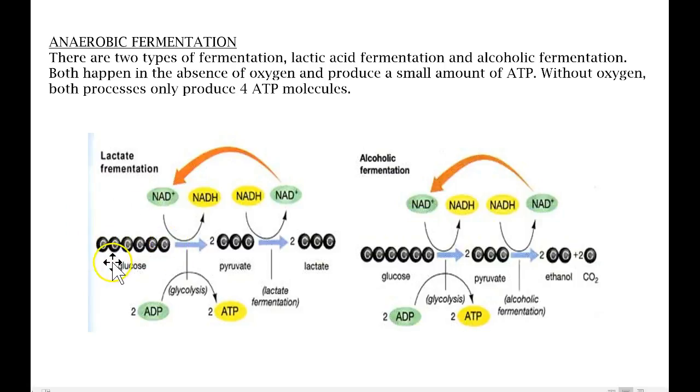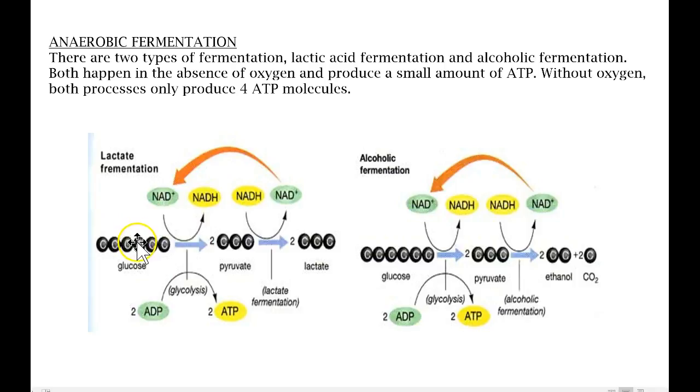Here's our glucose molecule. Just like we saw before, it's going to take 2 ATPs to break down this glucose molecule, and every time ATP breaks down, we get ADP and an independent phosphate group.